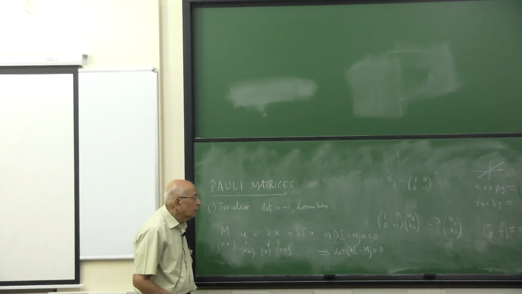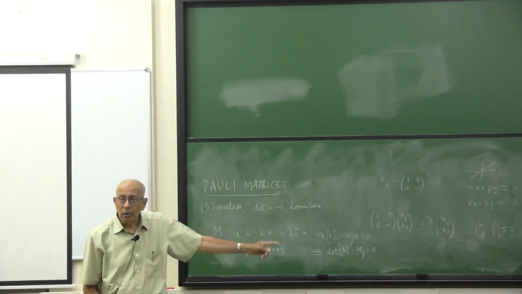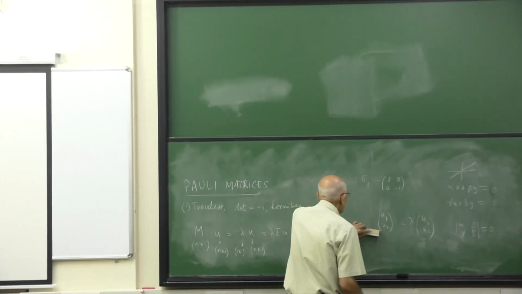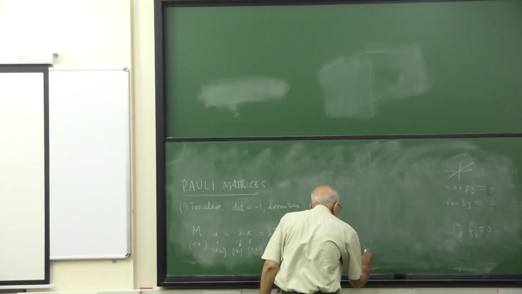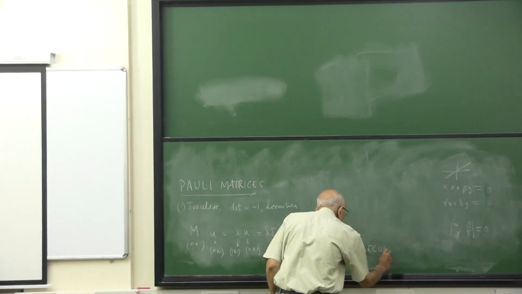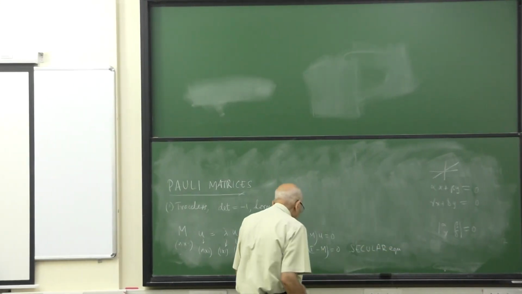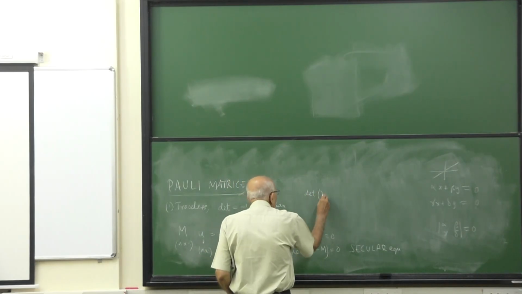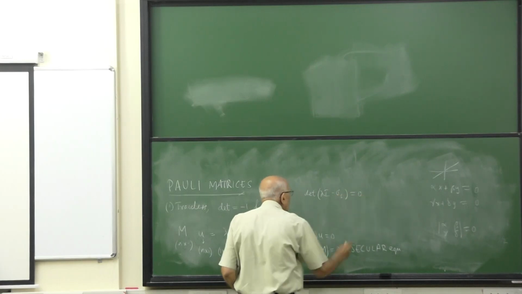Okay. So let's apply our newfound knowledge, this criterion, to the Pauli matrices. We want determinant of lambda I minus M equal to 0, that's the magic equation. This is called the secular equation. Determinant of lambda I minus sigma 3 is equal to 0.